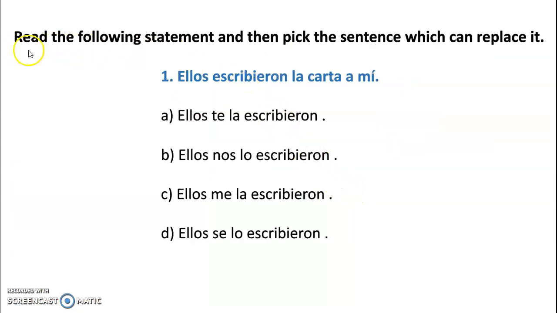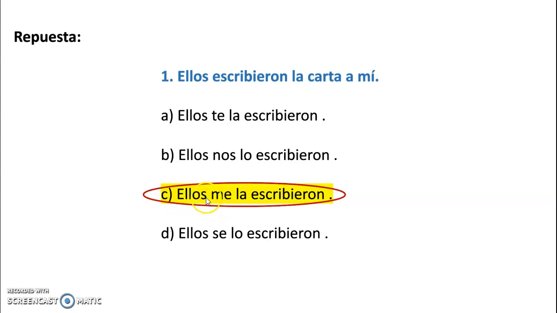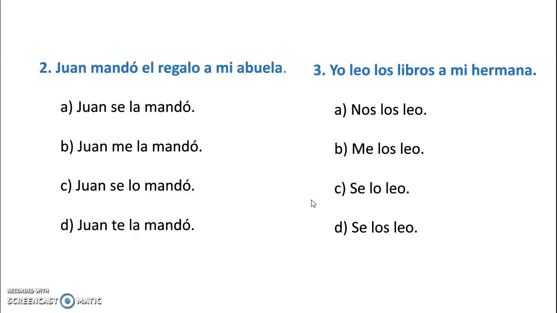For this activity, I'd like you to read the statement and pick the sentence which can replace it. Ellos escribieron la carta a mí. So, a mí, I'm receiving la carta. Hopefully you picked me la escribieron. I'm going to show you the next two.